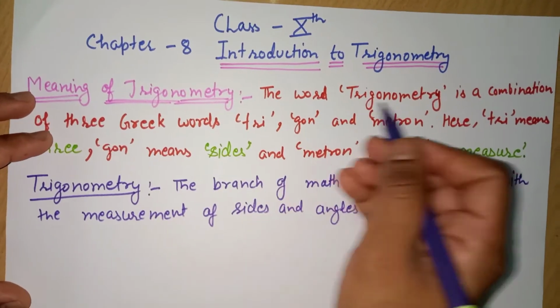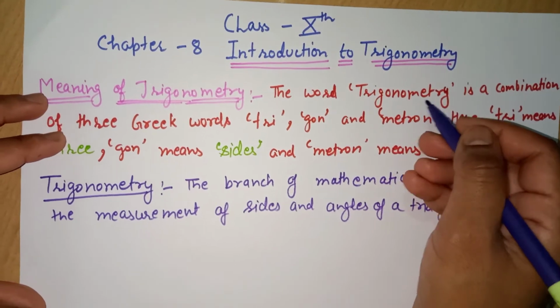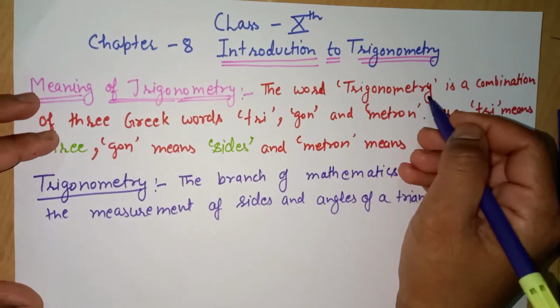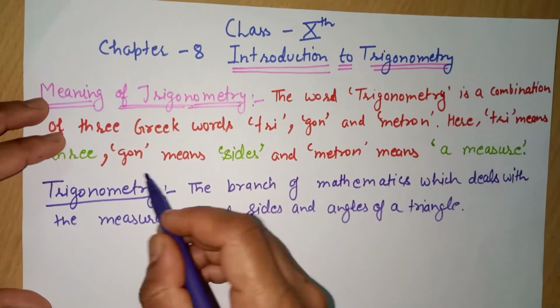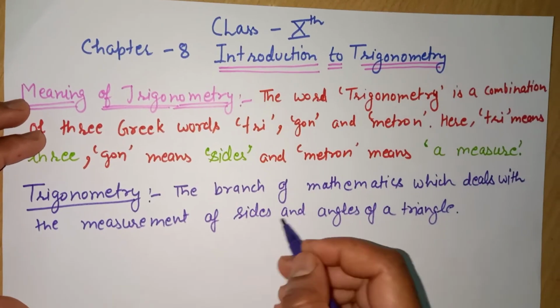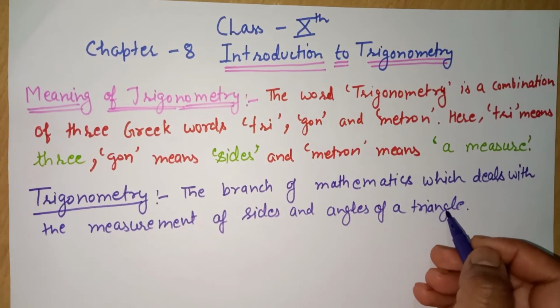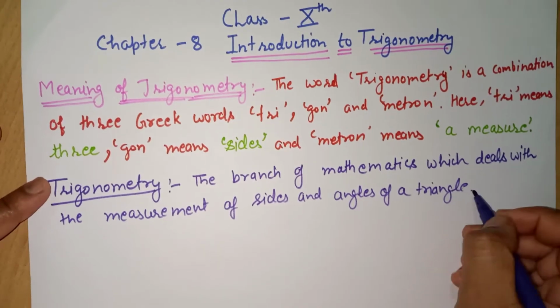The meaning of trigonometry is contained in the word itself. Means we have to measure the sides and angles of a triangle.